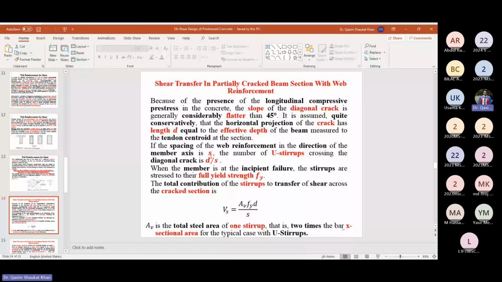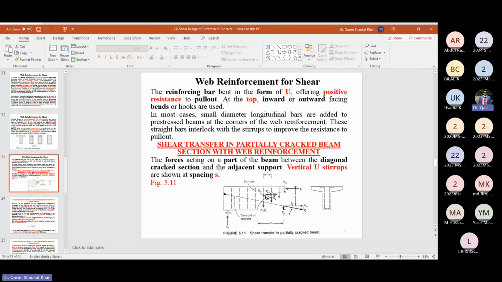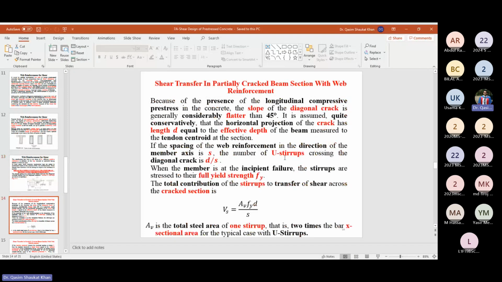It is the horizontal projection of the crack. S is the spacing between the stirrups. Okay. So it means the number of U-shaped stirrups present in the diagonal crack is d, the horizontal projection of the crack, over S, the spacing of the U-shaped stirrups. So the number of U-shaped stirrups crossing the diagonal crack is d over S.